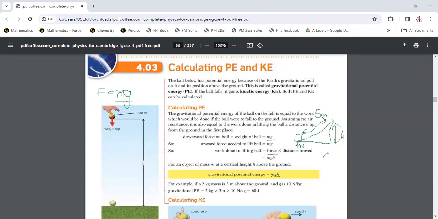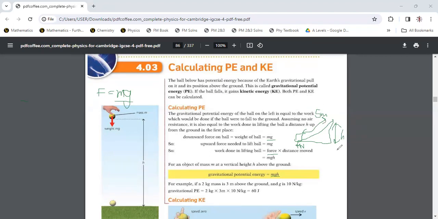What would it be? You can refer to the diagram. What was the height?